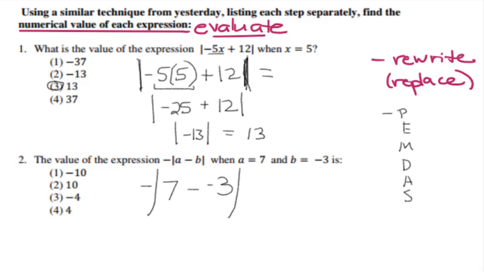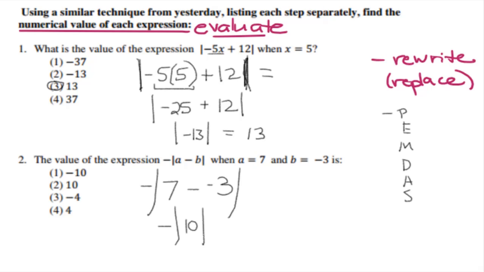Since I have no exponents, I have dividing, I have no adding, but I do have a subtraction. I'm going to do the subtraction first. 7 minus negative 3. In my calculator, I'm going to get positive 10. I'm going to rewrite those absolute value bars and that negative sign in the front.